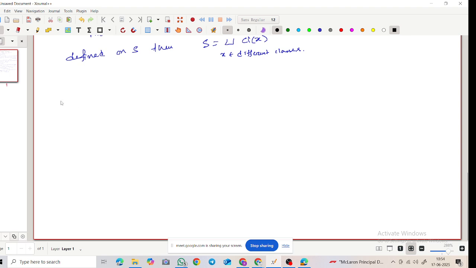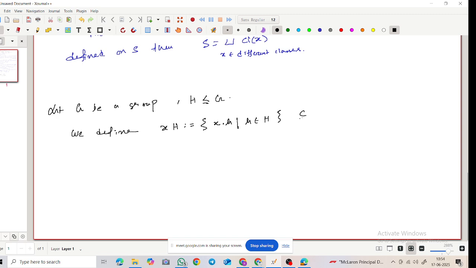So now, let G be a group and H a subgroup of G. We define xH to be the set of x times h, where h belongs to H. This is a subset of G, right?